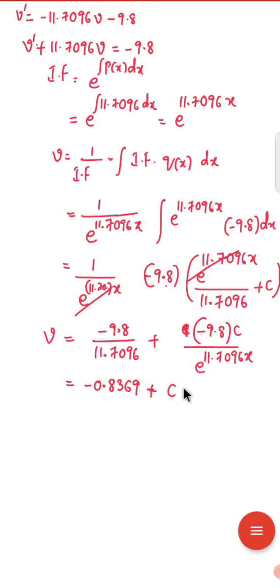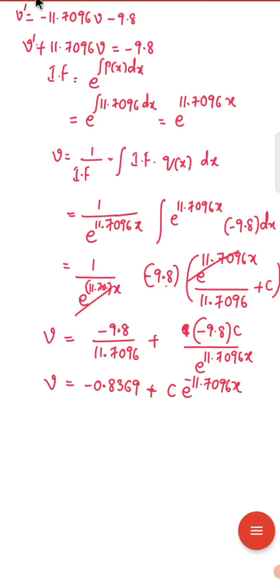So you can write total c into e to the power of minus 11.7096 x, right? So this is our v. Now we have solved the solution.